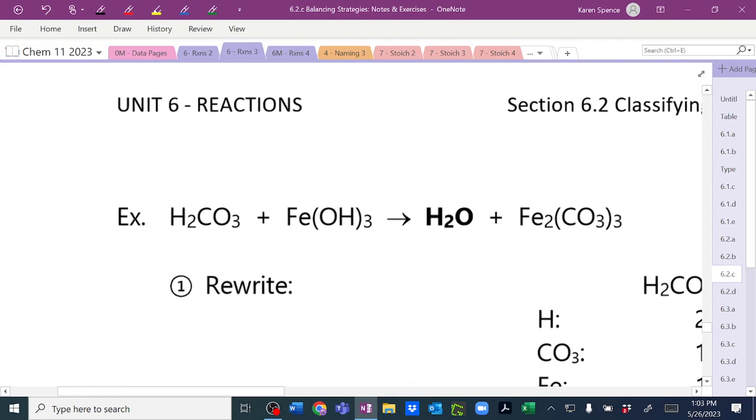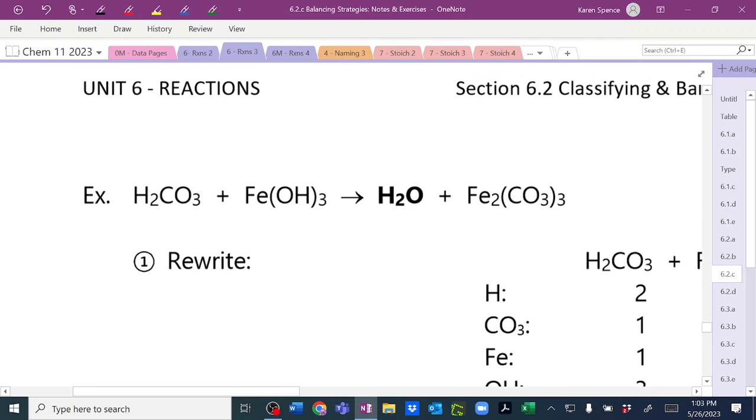What type of reaction do we have here at the top of page 36? What type of reaction? See if you can recognize it. We have neutralization because we have H, which tells us that we have an acid.